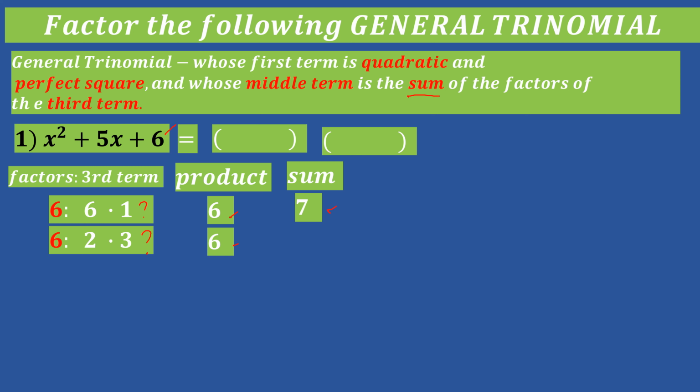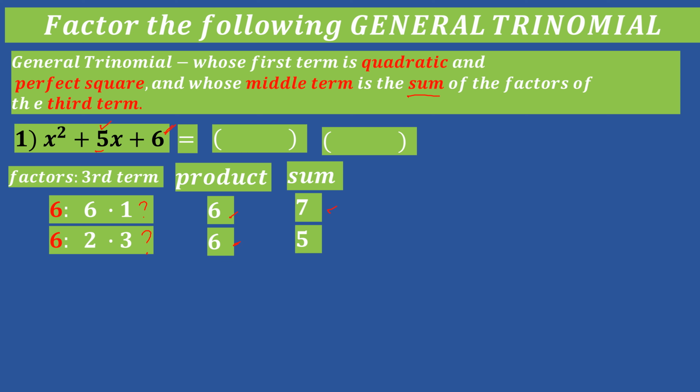Is the numerical coefficient of our middle term 7? No, it's not. So let us try 2 times 3. Its product is already 6, but what is its sum? 2 plus 3 gives us 5.